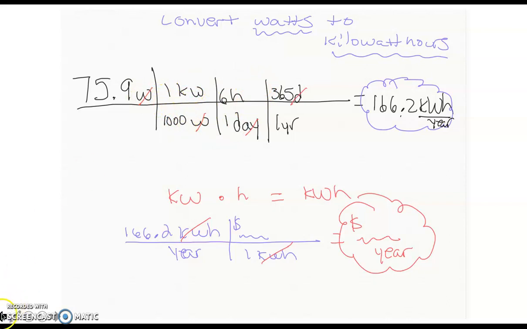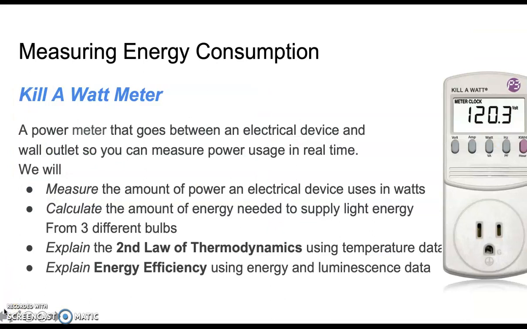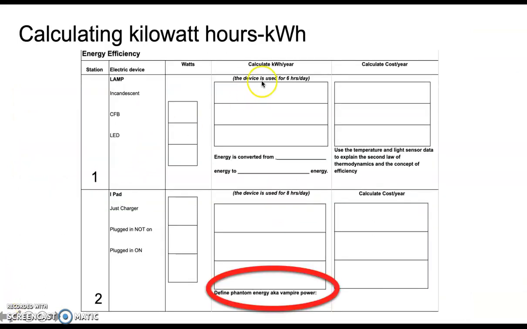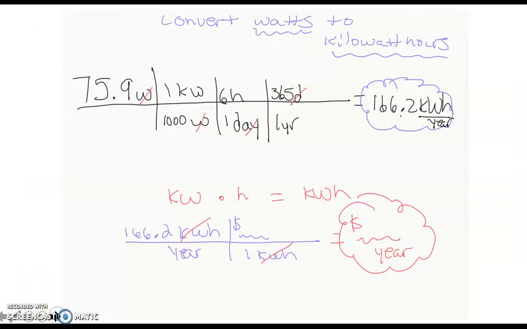Notice that it said that I am going to be using the device on your data table for 6 hours per day. So 6 hours per 1 day, 365 days per 1 year. When you do these energy conversions, you definitely want to demonstrate the cancellation of units.